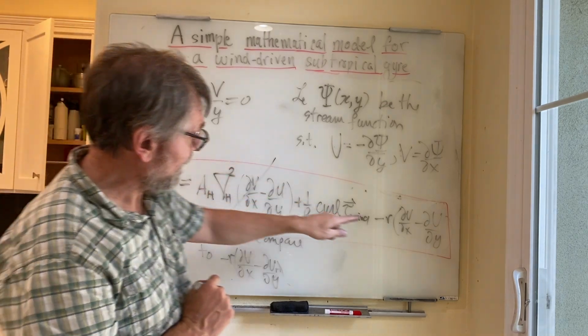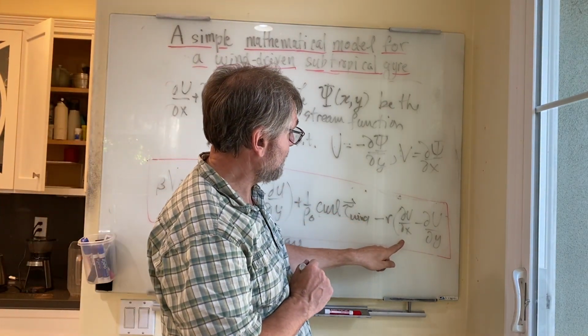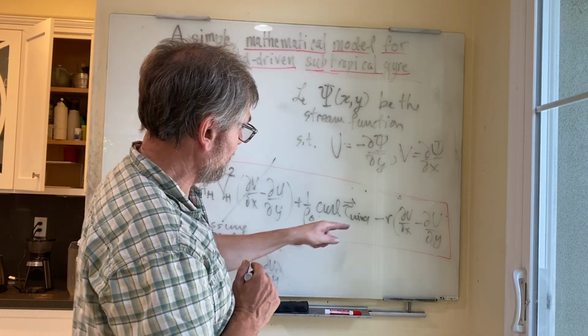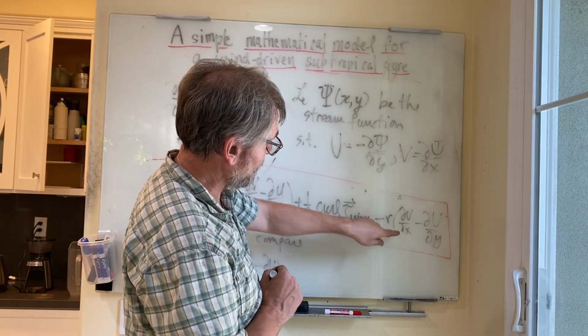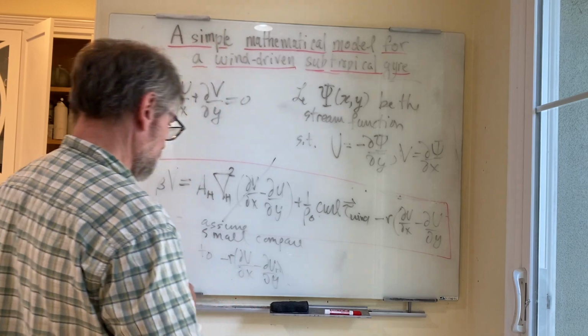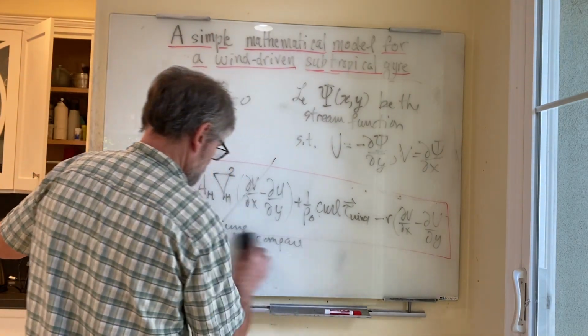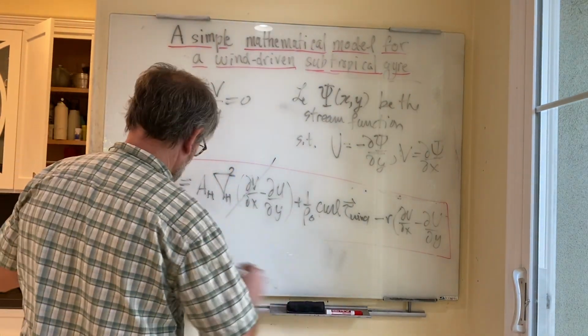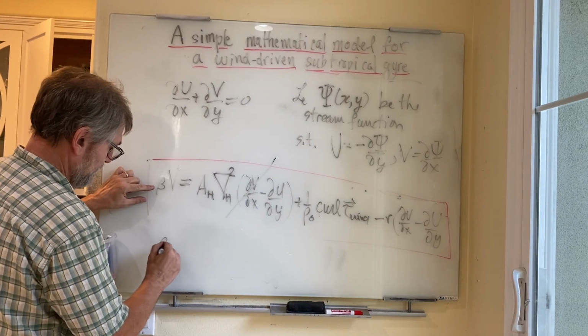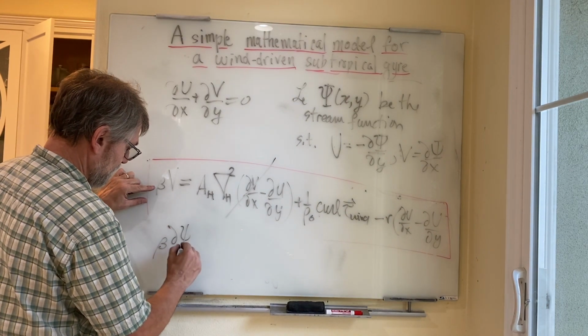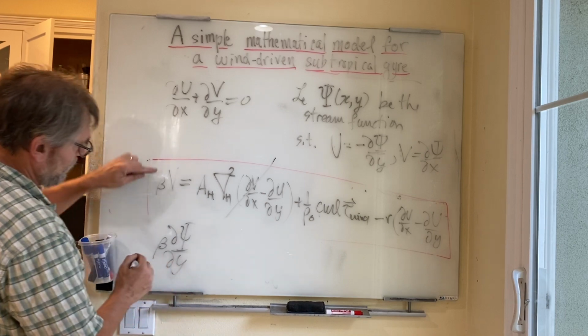And I can also rewrite the relative vorticity in terms of the stream function. So if I substitute these values into the relative vorticity, what I get in the final equation is beta ∂ψ/∂x. I've replaced v by this.